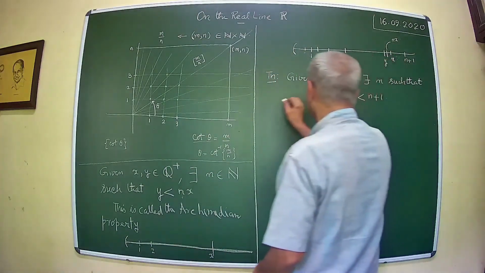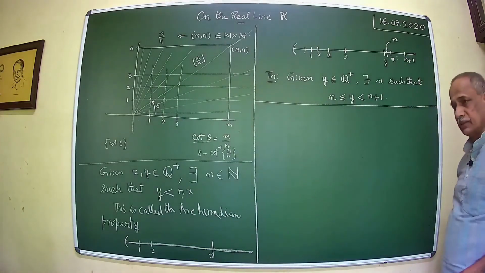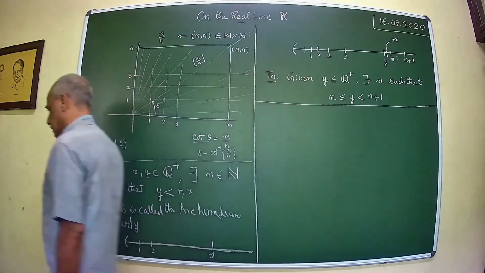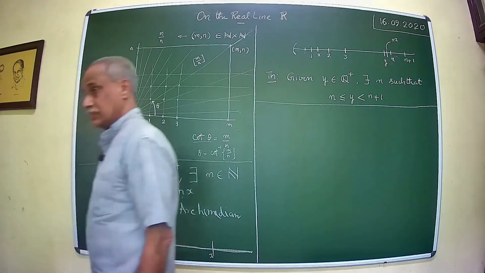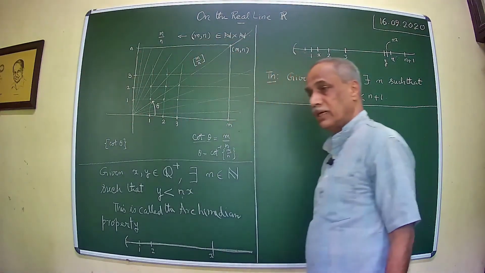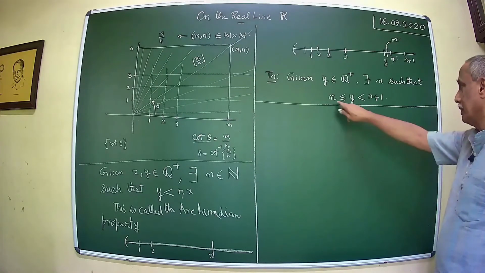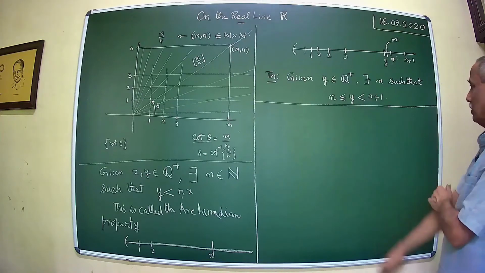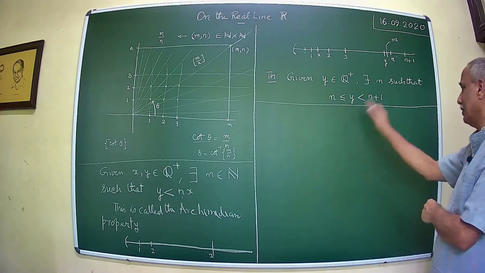Now this is a very important result which we will be using in many places. Okay, so these are some of the properties of the rationals, positive rationals that we have constructed. And you see, if you just take natural numbers, there is no such thing. Either it is equal to n or n plus 1.